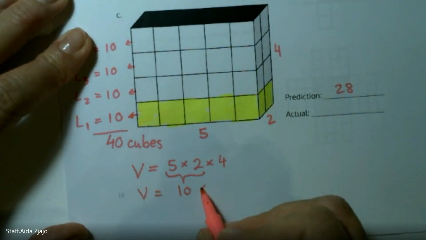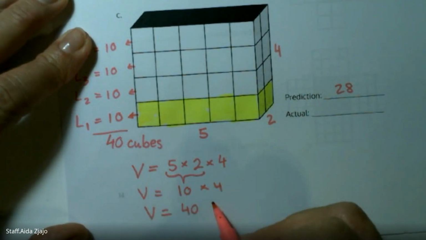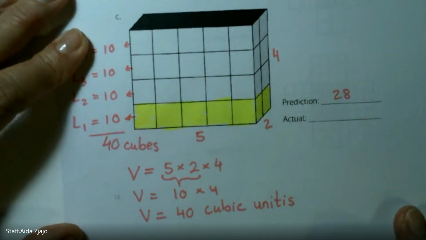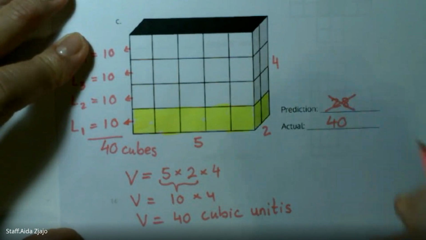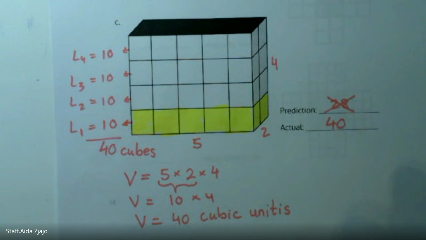So 10 times 4, the volume is 40 cubic units. 40 cubic units. So our prediction was wrong. And then we figured out in two ways what the correct answer would be.